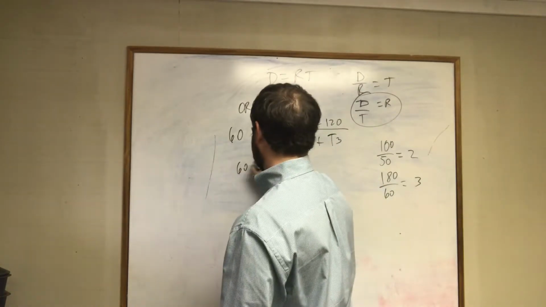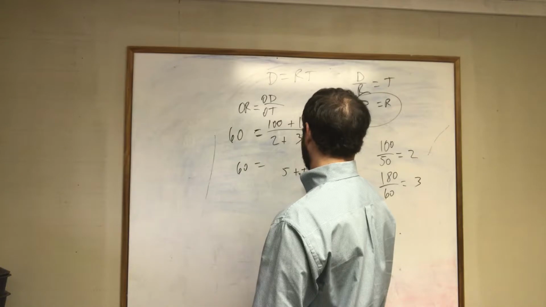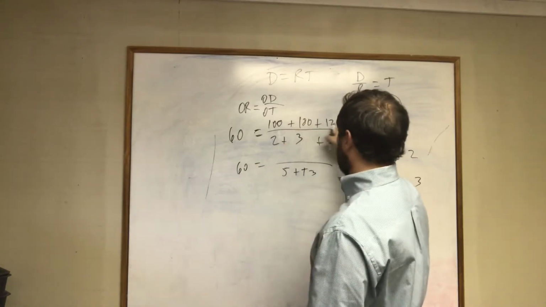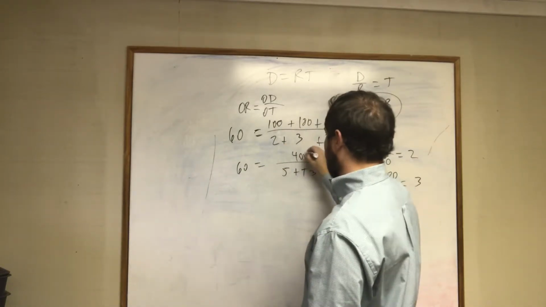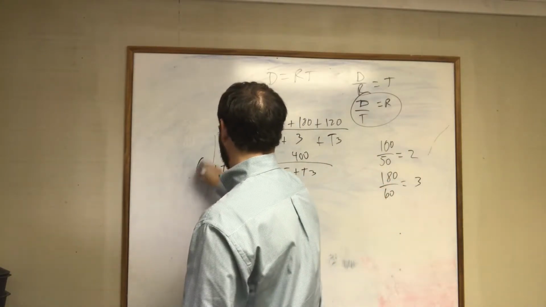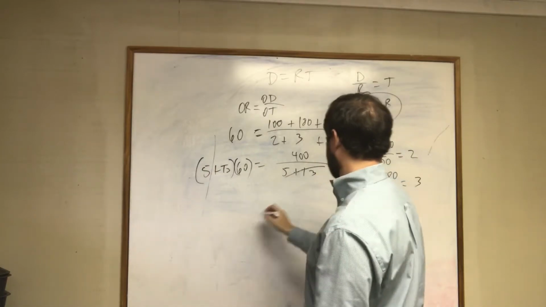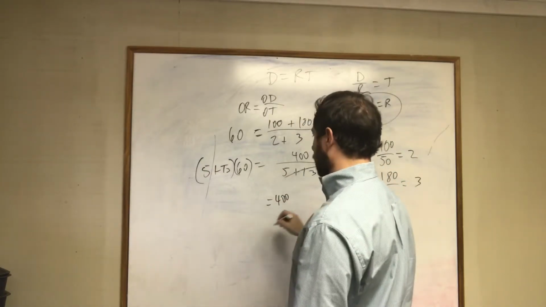Add everything on top, and everything on the bottom ends up being 5 plus t3. Add it on top, that's 300, 400 miles. Multiply both sides times 5 plus t3. That cancels. You get 400.